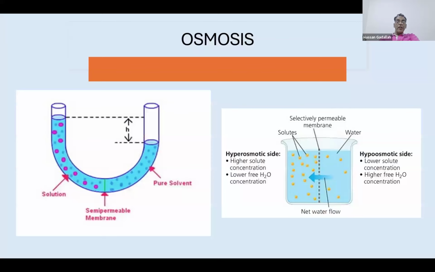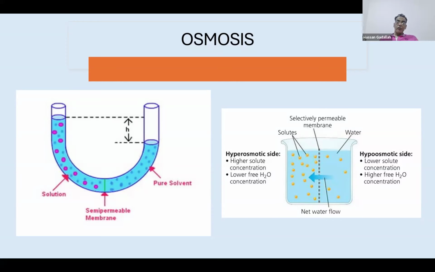So again, I think you remember this slide from before about the osmosis. We'll pass mostly on this slide today because it is repeated. We know the concept of osmosis when we have two compartments separated by a semi-permeable membrane, and a semi-permeable membrane is defined as a membrane which allows the passage of water and doesn't allow the passage of solutes.